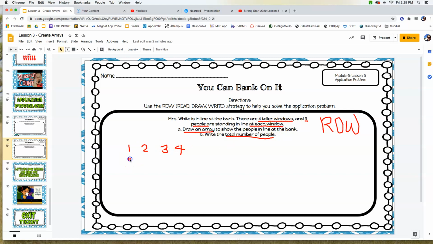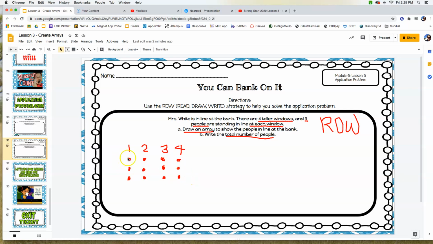So that means there's 1, 2, 3. That's a lot better. In this line, and 1, 2, 3 in this line, 1, 2, 3 in this line, and 1, 2, 3 in this line.